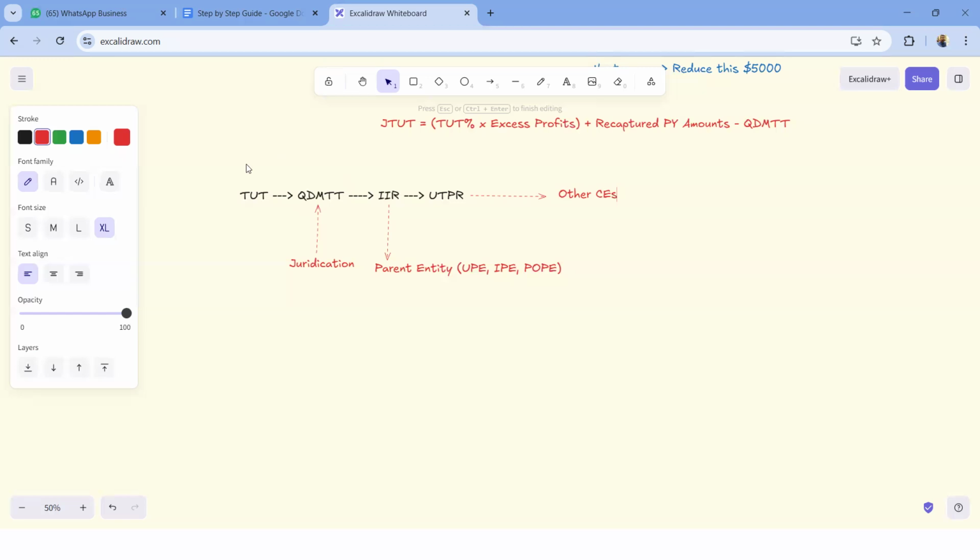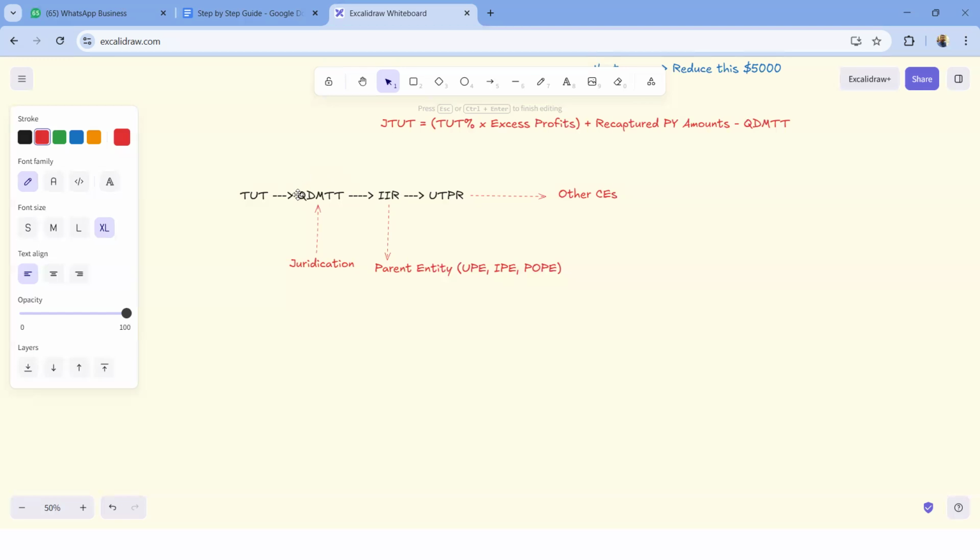So this mechanism is what made everybody say, okay, then we will also have a domestic minimum top-up tax. Otherwise, the entities in my jurisdiction will pay taxes, but to others. That's something I can't live with. So I will also have a DMTT, but still there are a lot of countries which do not have a DMTT.